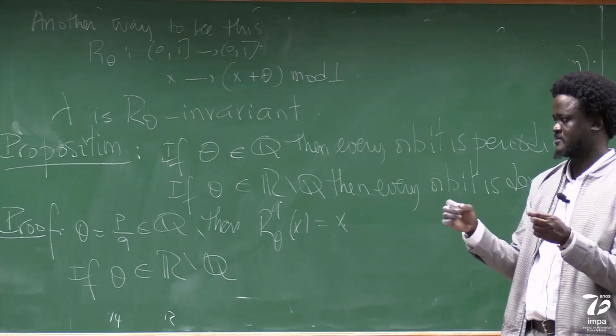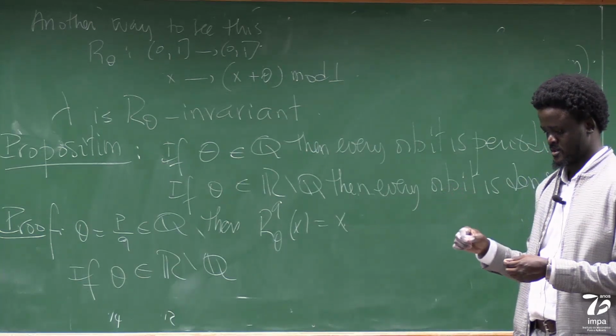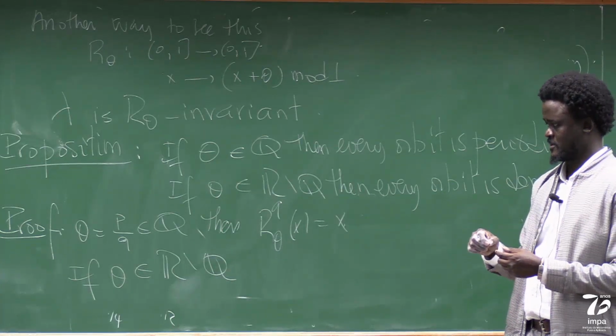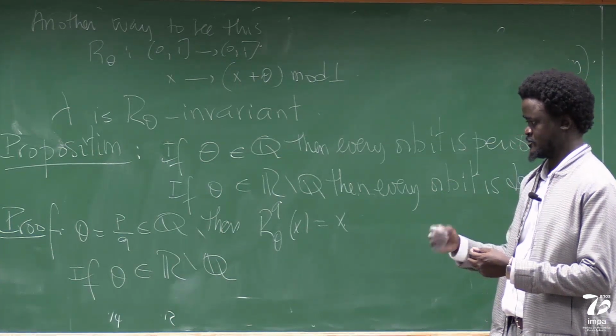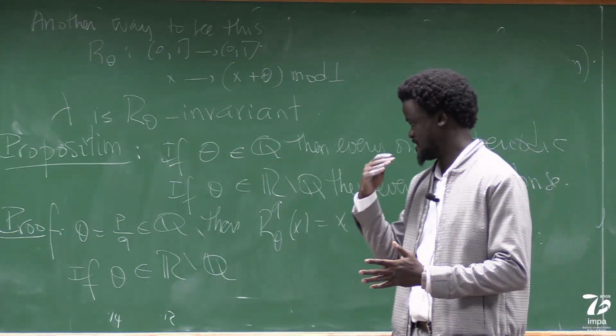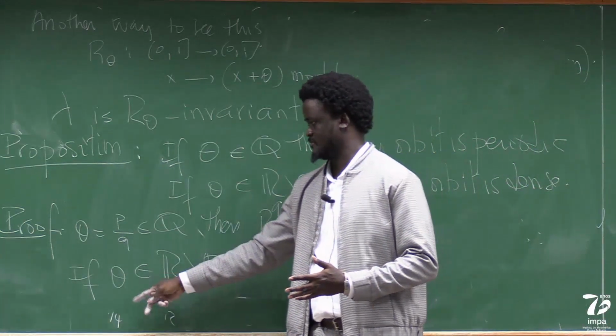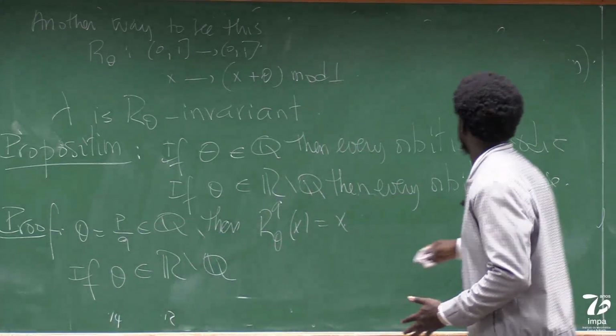It should be periodic. Sorry, I think I'm getting a little tired. If an orbit is finite, it is periodic, and having a periodic orbit would mean that you are rational.